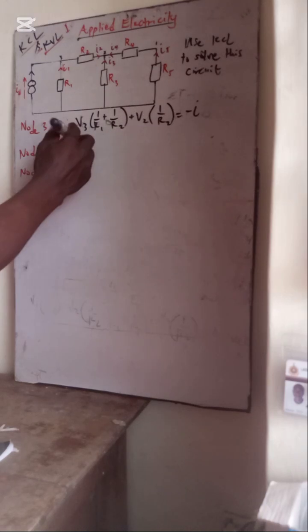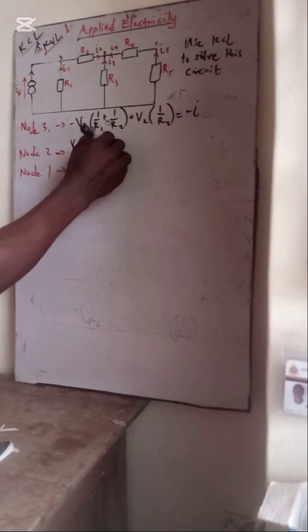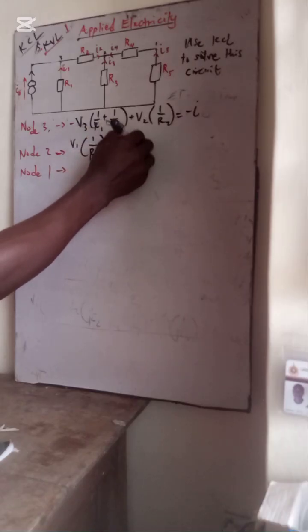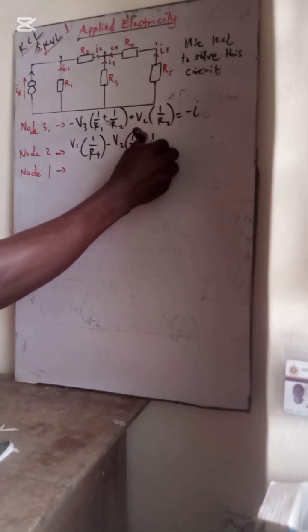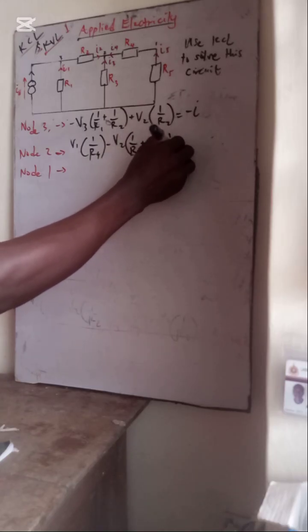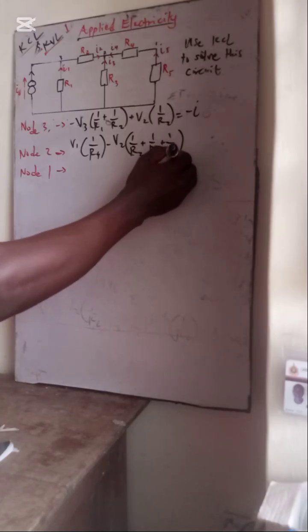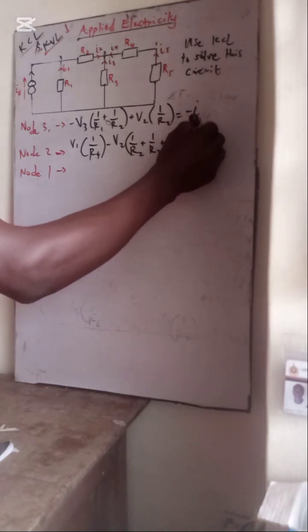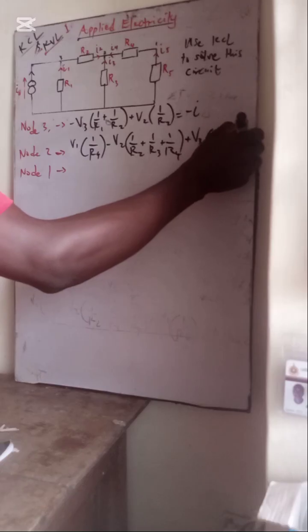Node 2, what do we have there? We have minus 1 over R4, minus V2 into 1 over R2 plus 1 over R3 plus 1 over R4, plus V3 into bracket 1 over R2 is equals to 0.